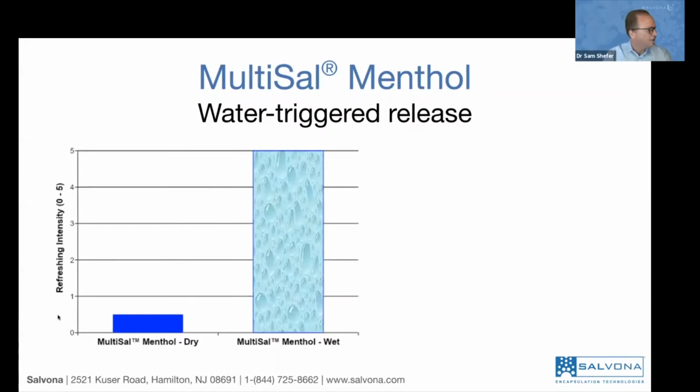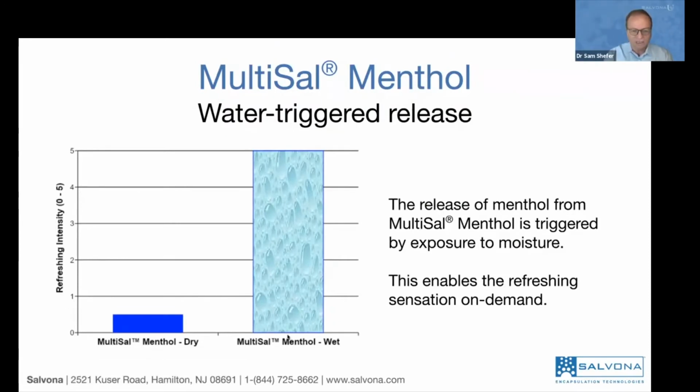You see, this is the intensity of the release from a dry product if you put it on the lips, and this is MultiSal that you wet a little bit, like you lick your lips. That's enough to suddenly increase the potency of the product significantly. So MultiSal technology allows you to trigger the release with moisture.